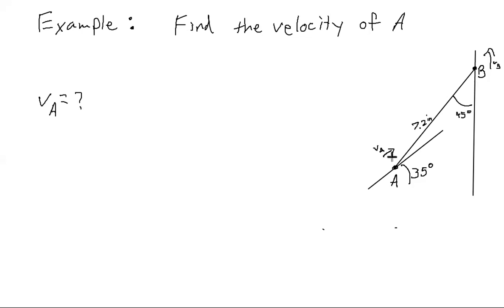It says this one should be somewhere up here, and this one somewhere over here. These two lines are perpendicular to each of the two velocities, and consequently the instantaneous center must be over here.